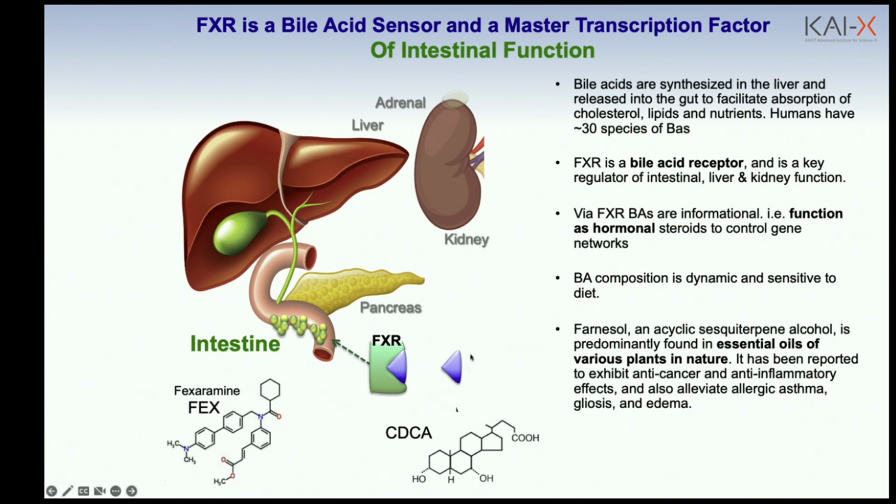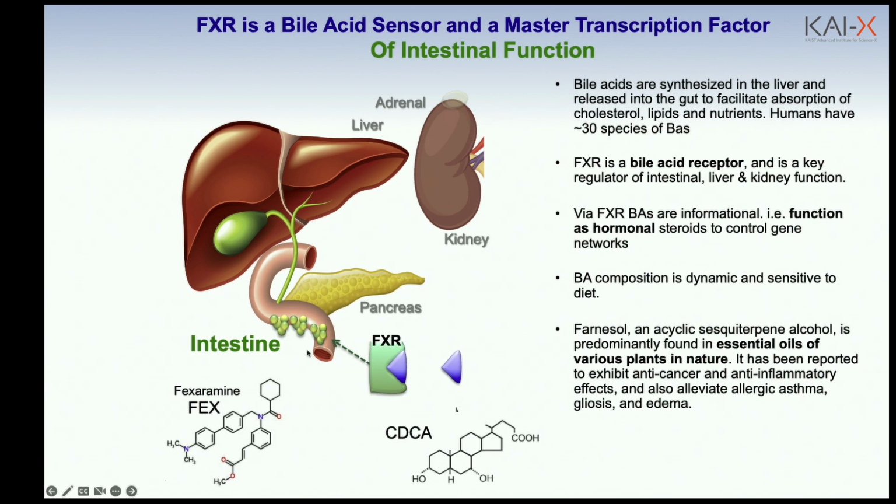The organs shown here, kidney, the adrenal gland at the top of the kidney, the liver, gallbladder, the intestine itself, the pancreas, are all expressing very high levels of the bile acid receptor, FXR. So these are FXR target tissues.